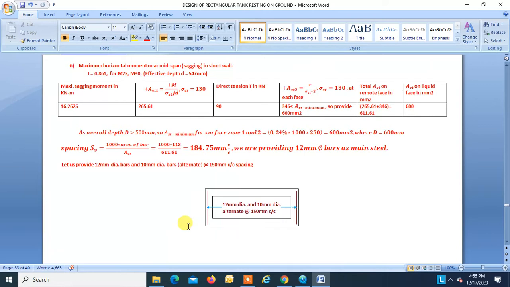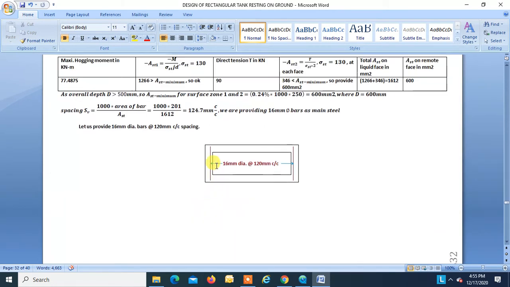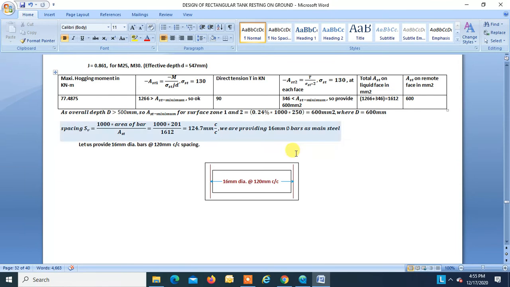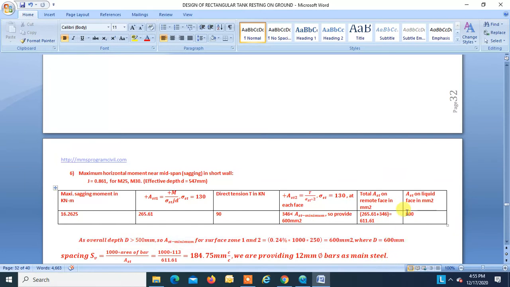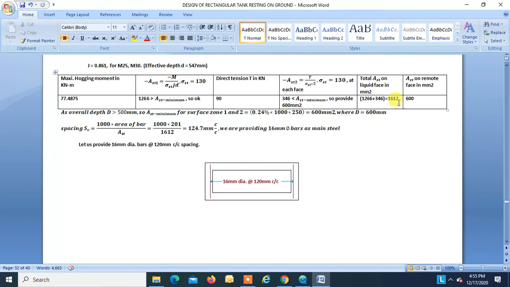So this is 600 which is required at this face, right? But we are already providing 16 at 120 at the center over here, so it is higher than actually required, much higher than required, so it's okay.